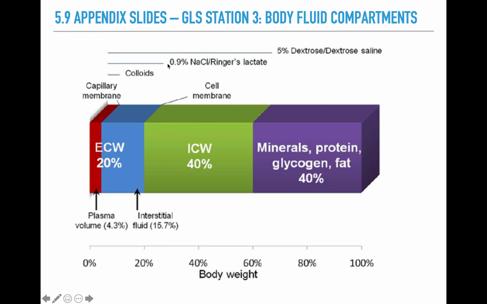All of those are called crystalloids because they have electrolytes in them. Then there's your colloids, things like albumin. And then there's dextrose or dextrose saline, which is another type of crystalloid, but that has sugar in it. Now if you look at this line, you can see dextrose filters all the way across the intracellular fluid and the extracellular fluid, whereas sodium is restricted.